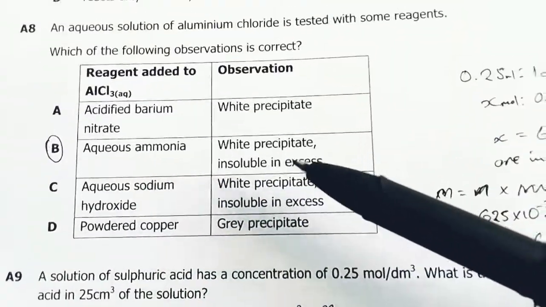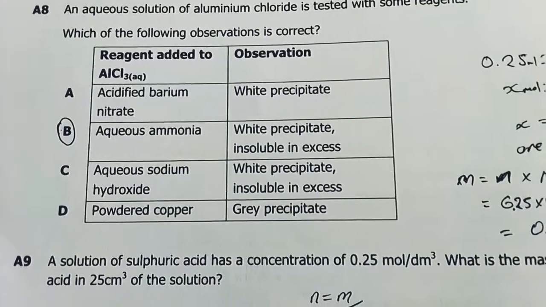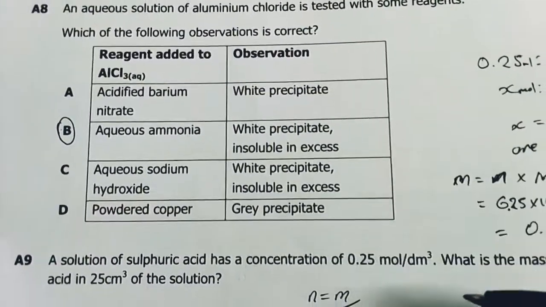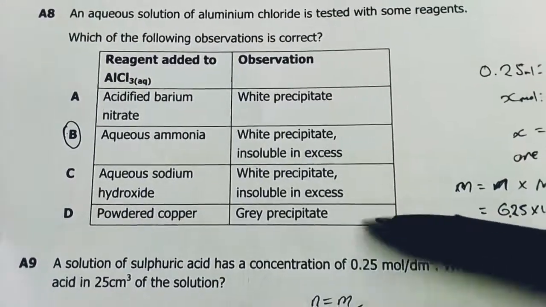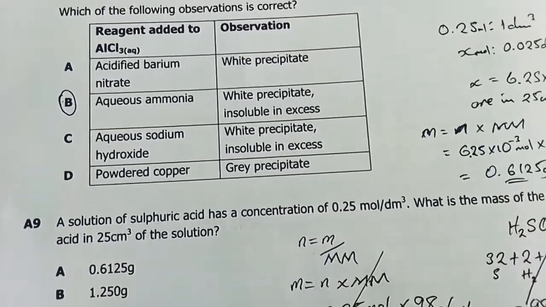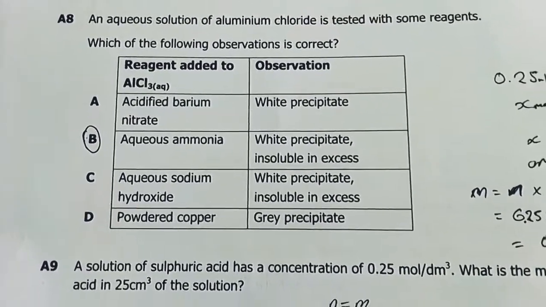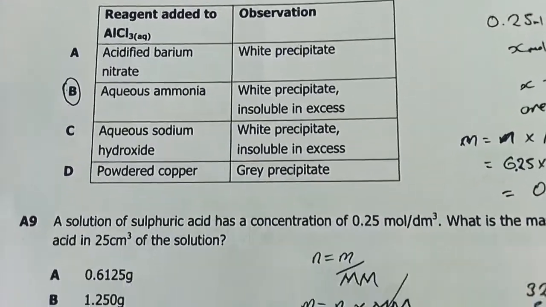So what I found my answer to be was B. Okay, unfortunately, I think you guys have to memorize this. A long time ago, this used to come along with the practical paper, and you just had to compare and make your conclusions from the table as to what you have found to be present in a given solution or sample of soil or something like that.